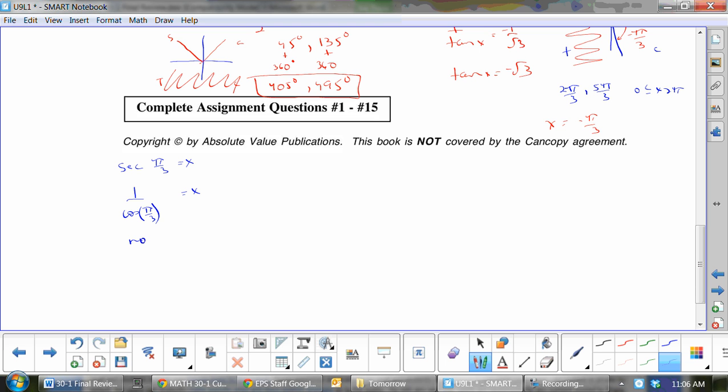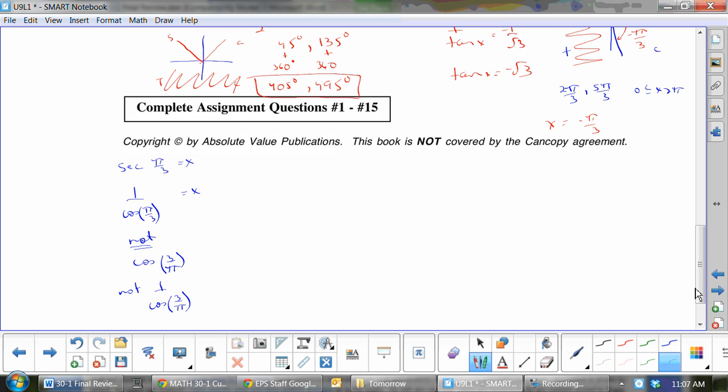It is not cos 3 over pi, and it is not 1 over cos 3 over pi.